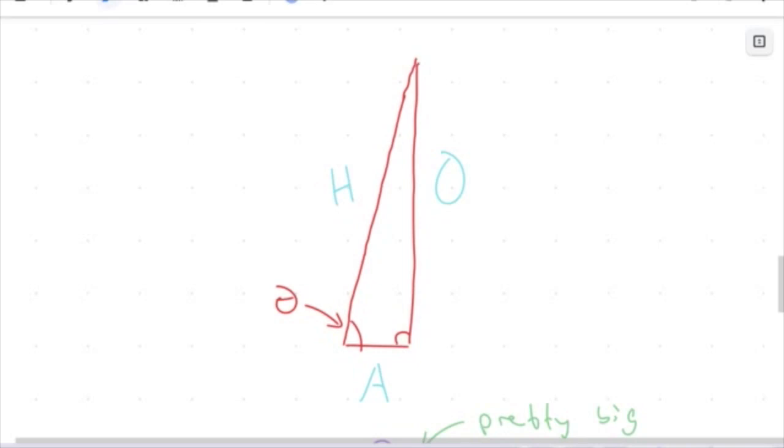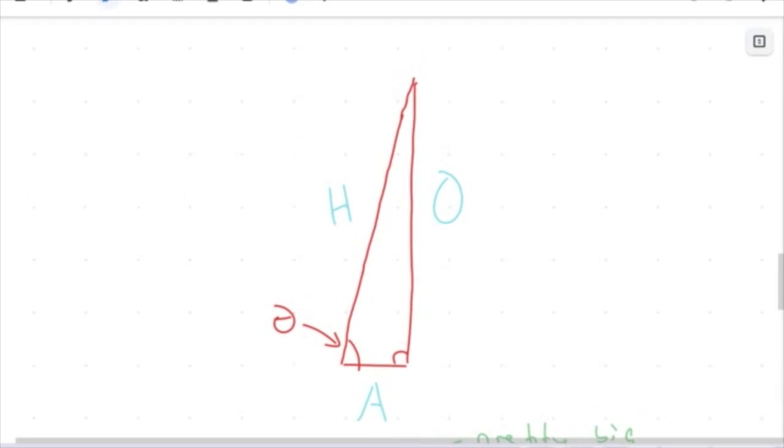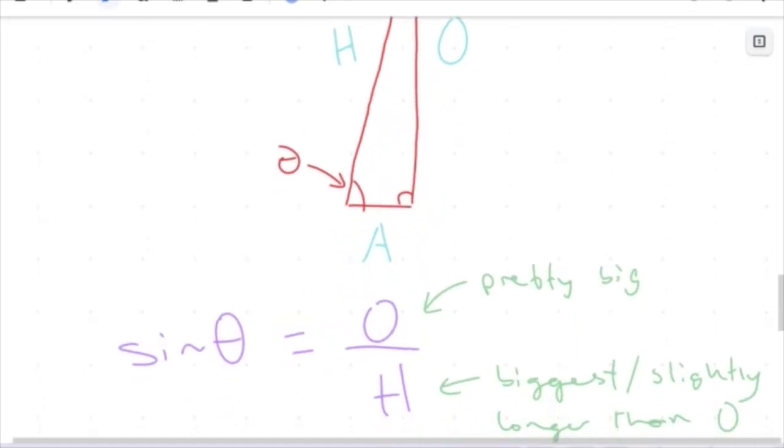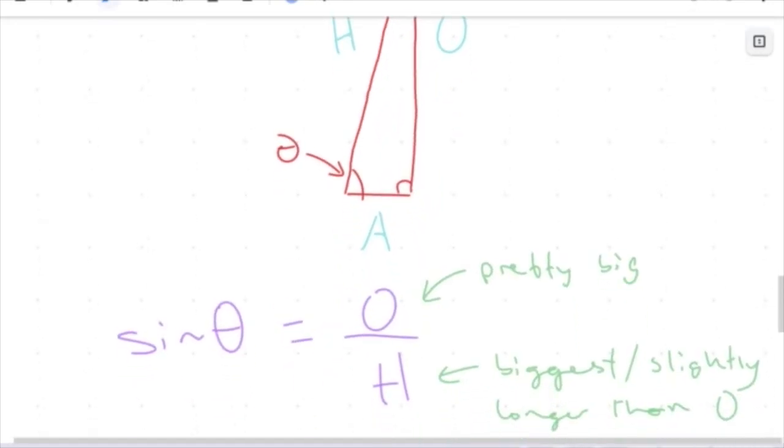Now let's look at sine. That links the opposite with the hypotenuse. So now in this case, when the angle theta is bigger, I have a ratio of a pretty big side over a slightly bigger side here. I've written that here. I'm looking at a fraction, because sine theta gives me a fraction of a pretty big opposite over a slightly bigger hypotenuse.